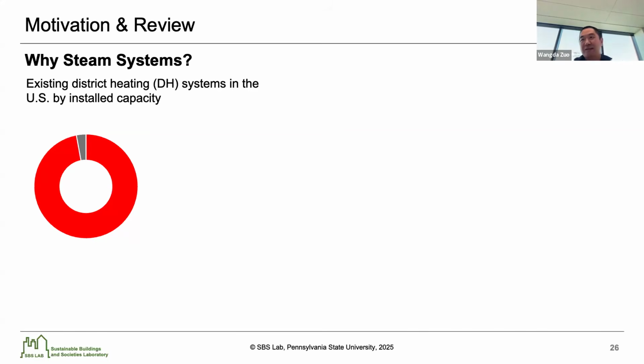Yes, I agree there's a trend to convert those systems to hot water or even ambient loops, but it will take billions of dollars and years or even decades to convert. So therefore, the steam-based district heating system is still the elephant in the room. If we want to address the energy efficiency problem, we need to work on that.